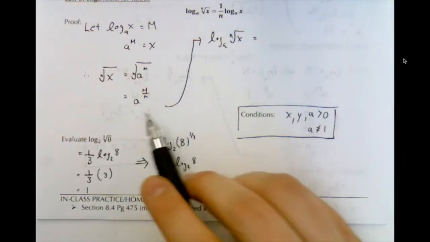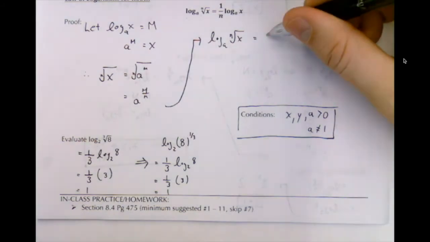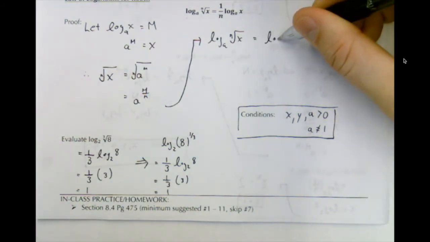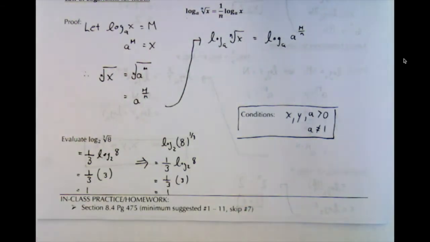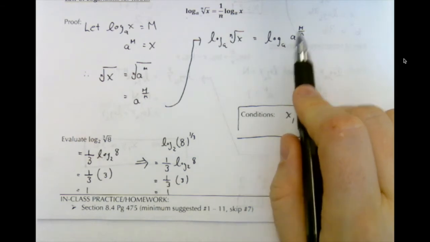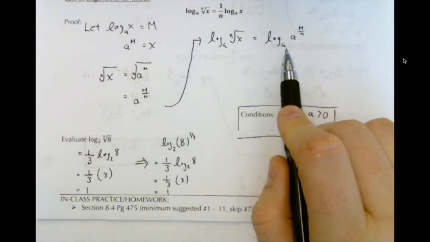It's equivalent to a to the exponent m over n. So instead of writing the nth root of x, I'm going to write a to the exponent m over n, and a to the exponent m over n inside a logarithm with the same base.